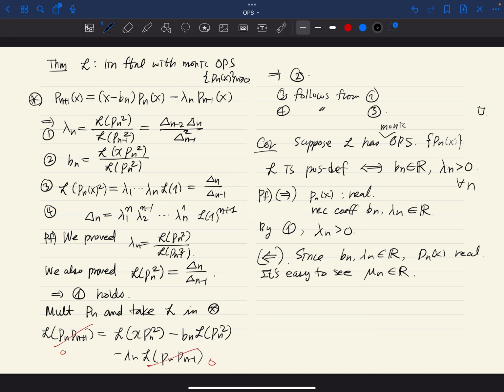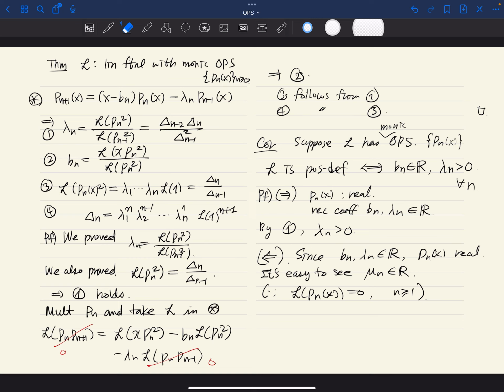Why? L of Pn x equals 0 for n greater than or equal to 1. But this is mu n plus something in terms of previous moments. These are all real, the coefficients are all real, so it must be real. So that's how you prove this.